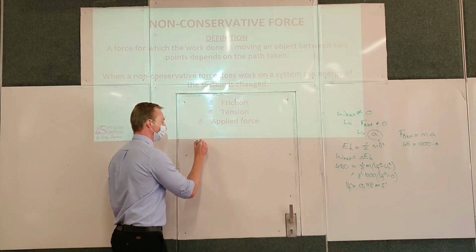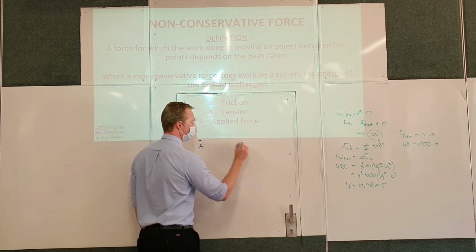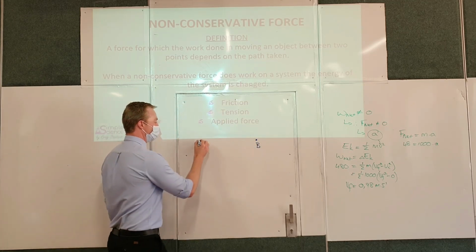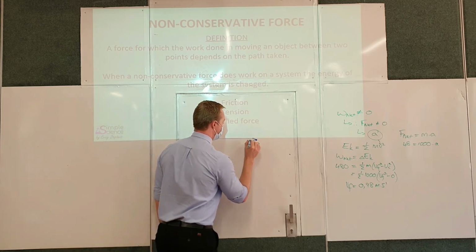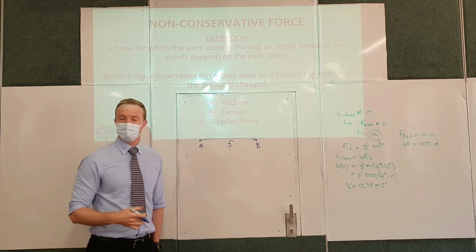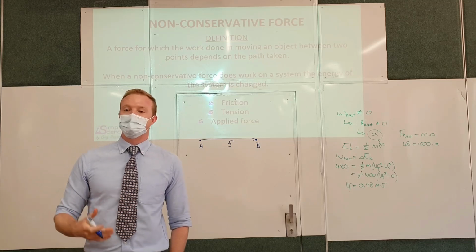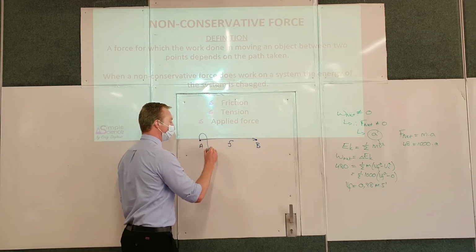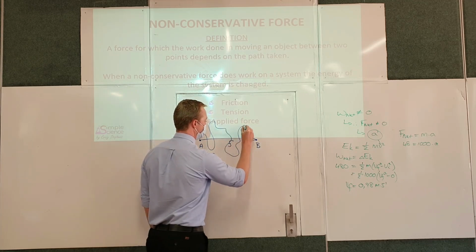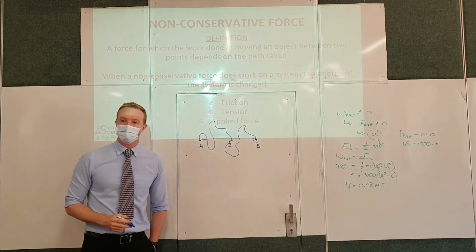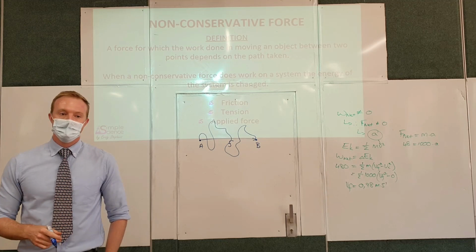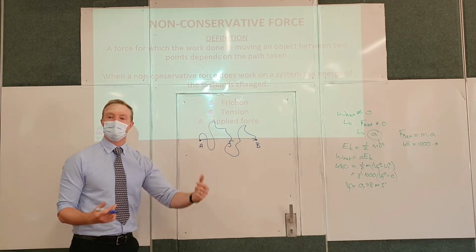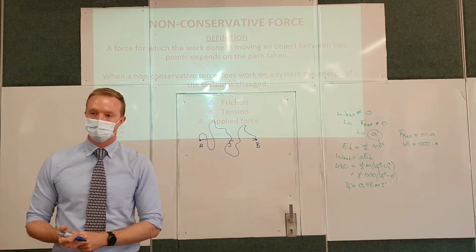If you need to push a car from point A to point B, the work that you're doing is going to be mainly work against friction between the car and the road that makes it difficult for you to move the car. Which means that if you're going to take a very roundabout route to get the car from point A to point B, you are going to have to work against friction on that entire route. So the longer the path is, the more work you have to do.